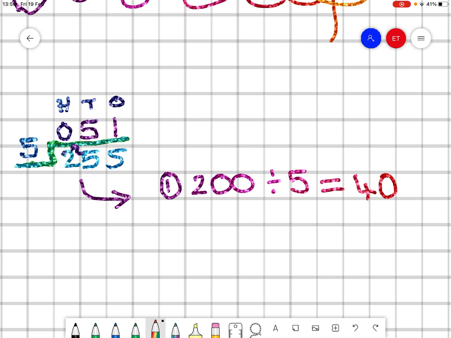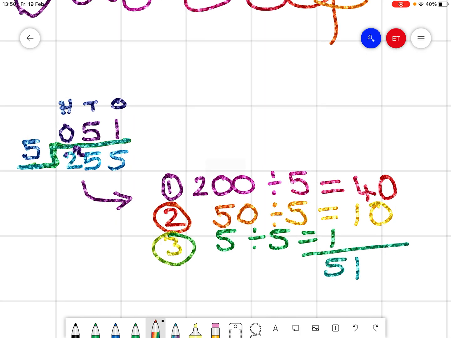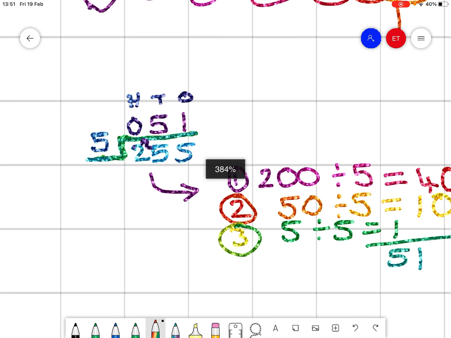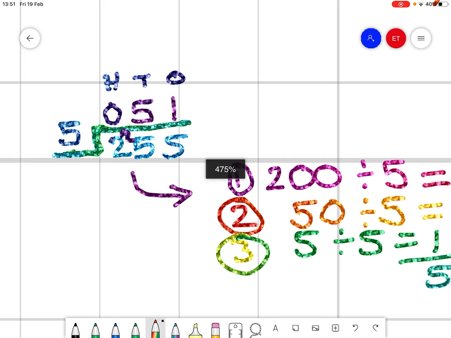So that's the first thing you've done. Then we're dividing 50 by 5, which equals 10. And then we're dividing 5 by 5, which equals 1. And if we add those all up, we get 51. Okay, so essentially that's what we're doing. We're just doing it in a shortcut way with carrying over.